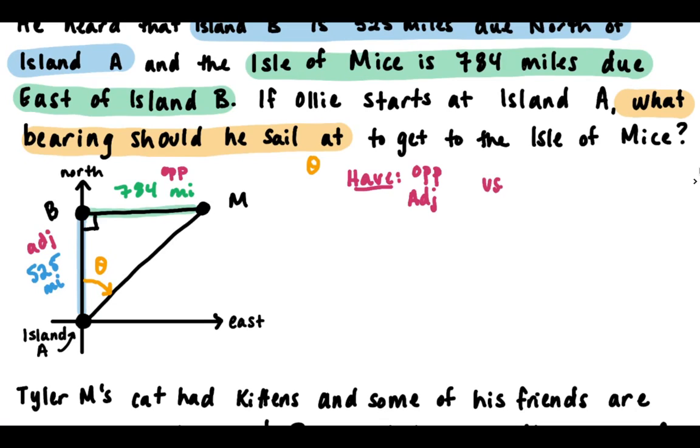Think to yourself, what trig ratio has opposite and adjacent in it? Hopefully we come up with tangent, which is opposite divided by adjacent. Once we know that, we can write our equation.